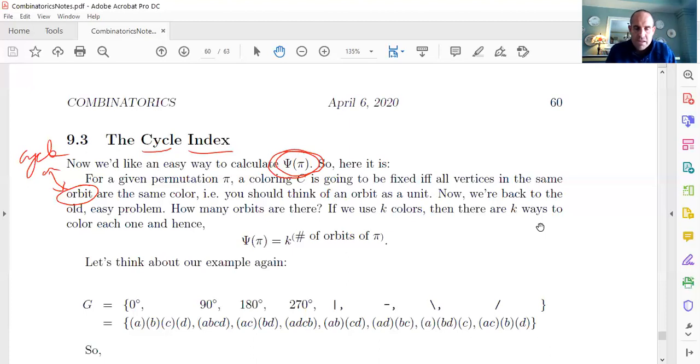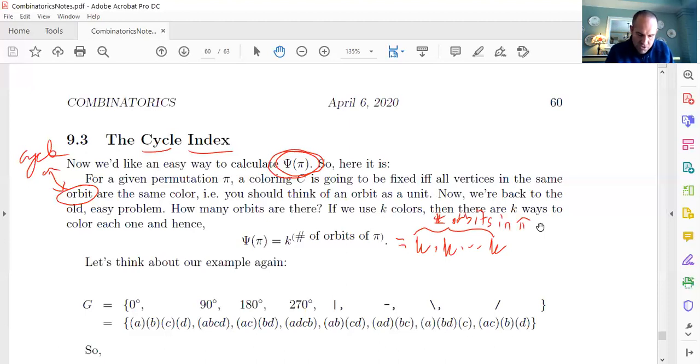How many orbits are there? That's going to be the key question. If we have k colors, then each orbit in a given permutation that's acting on a coloring gets exactly one color. And since I have k choices, that one orbit contributes a k. So this is k times k all the way to k, so it's k to the number of orbits in pi.